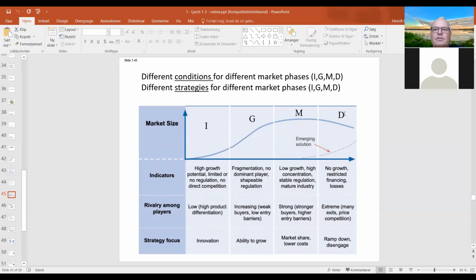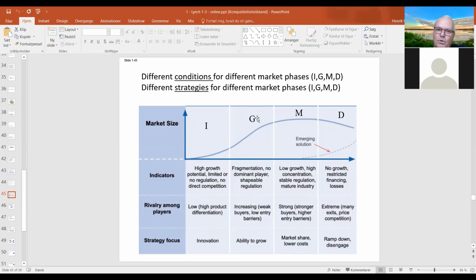Let's just for the example say that we are in the growth phase. That means that the whole industry is in the growth phase. So even though you yourself decide to make a new company producing wind turbines, if you're producing wind turbines that are more or less like the ones produced today, then you as a company enter the market where the market is in the growth phase.